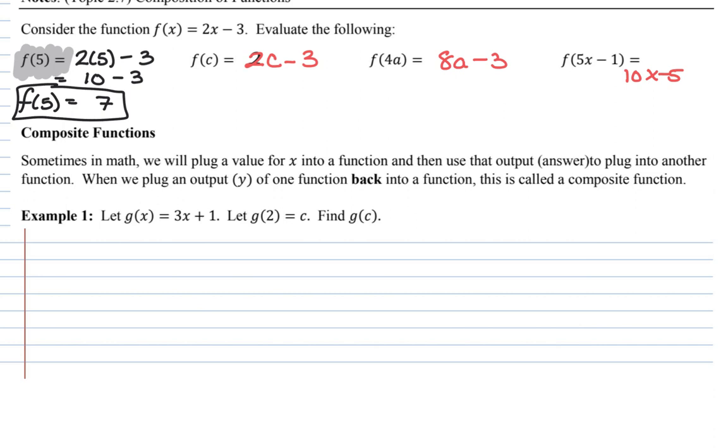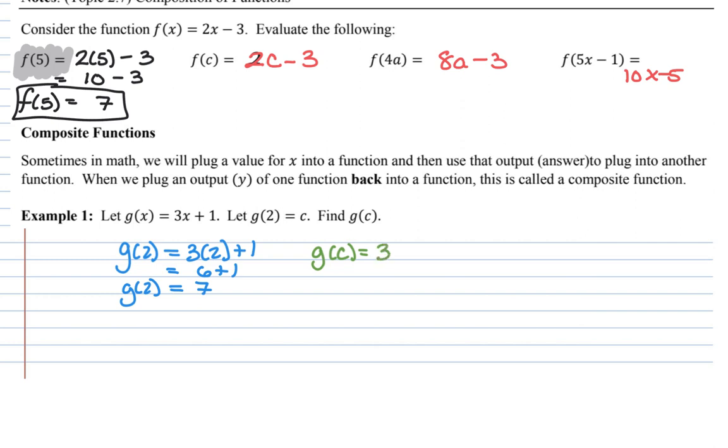So first thing is we have g of 2. That means in your g function, you're going to plug in 2 for that x value. So this becomes 3 times 2 plus 1, 6 plus 1, which now you know that g of 2 is 7. So now g of c is going to be where you plug in 7 for that c, because you want to find what the c function is.